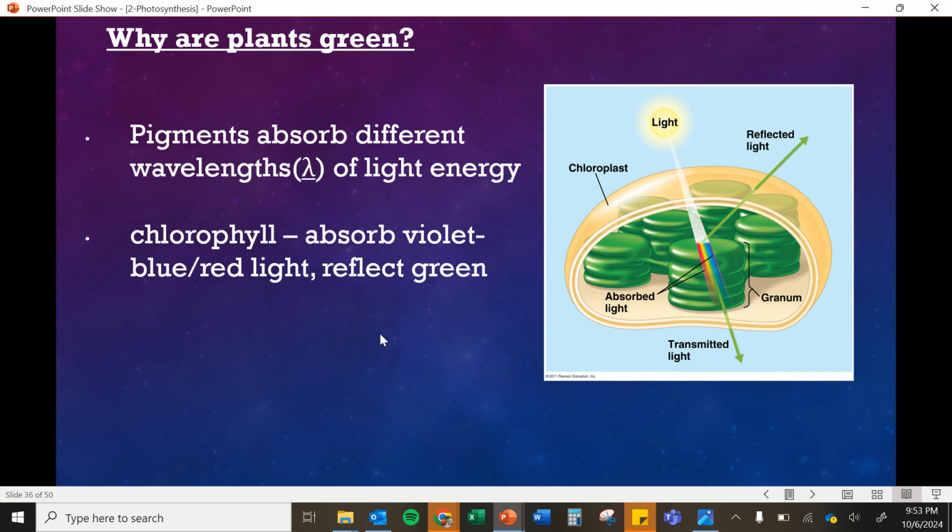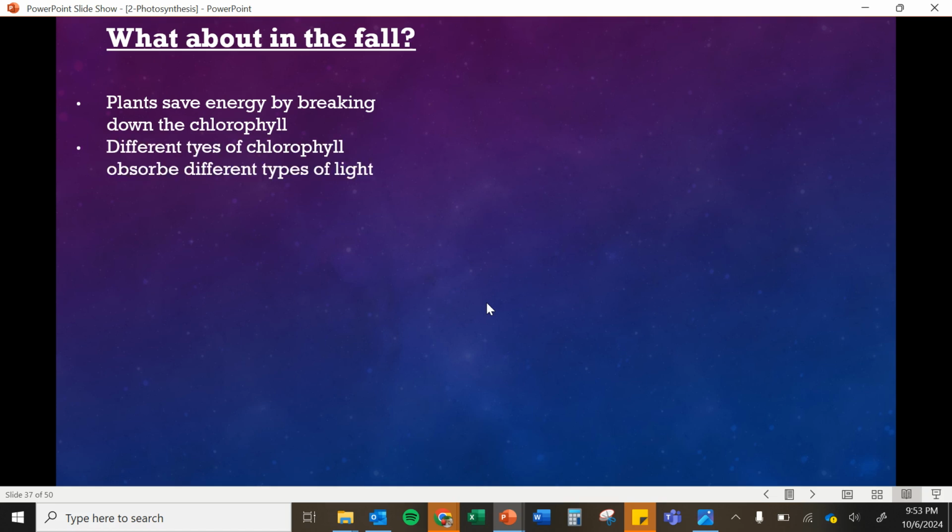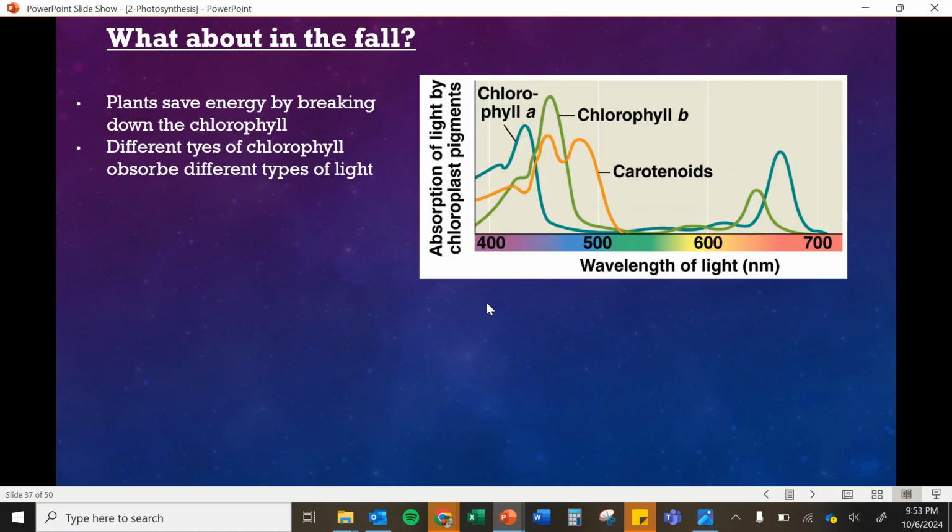They're going to absorb violet, blue, and red light, but reflect green, and they're located in the thylakoid. But in the fall, plants start breaking down that chlorophyll to save energy. We have different types of chlorophyll that absorb different types of light, and we can see here chlorophyll A, which absorbs these different wavelengths of light.